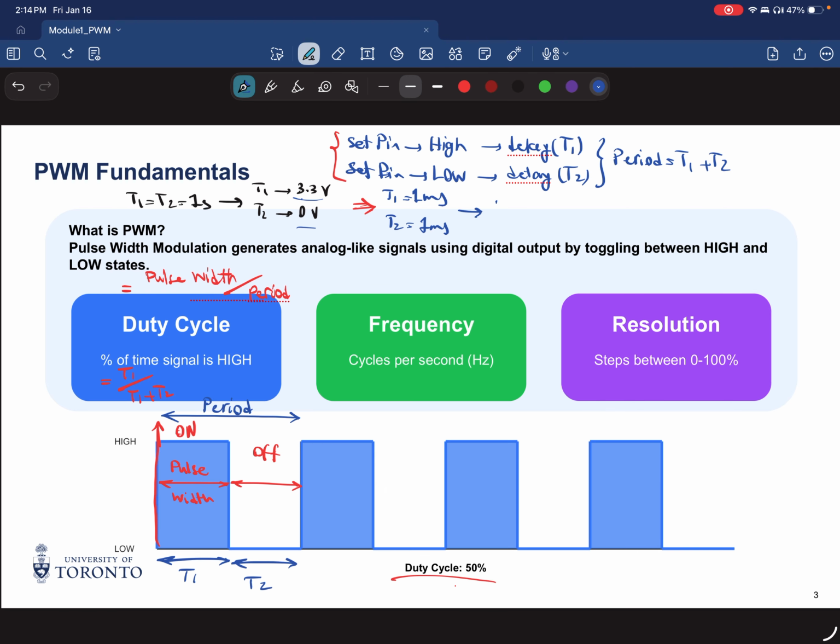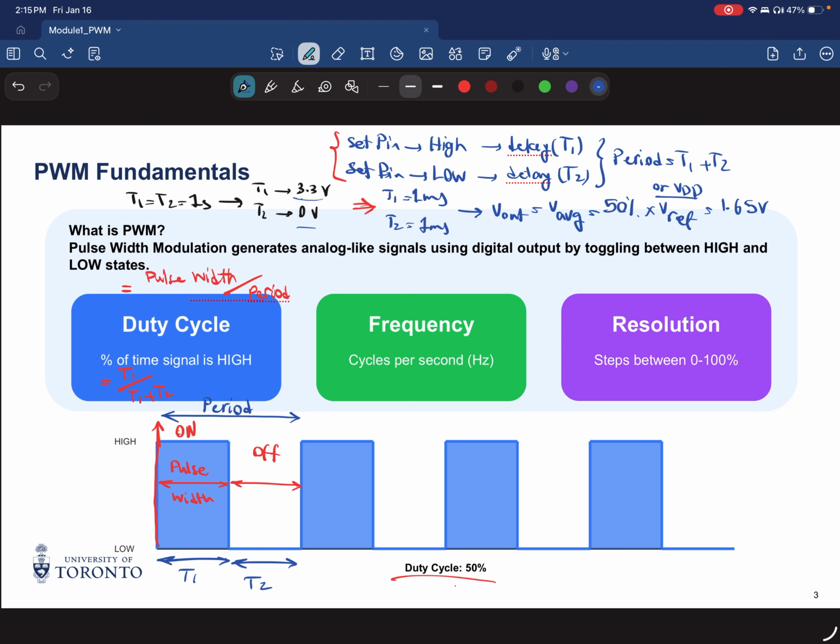No, it would look like an average value. It will look like V average, or V output will look like V average, which is 50% of our Vref, or VDD, which is going to be 1.65 volt.